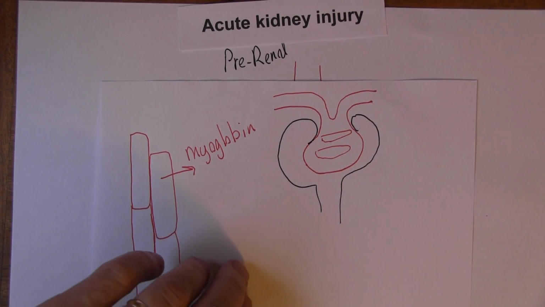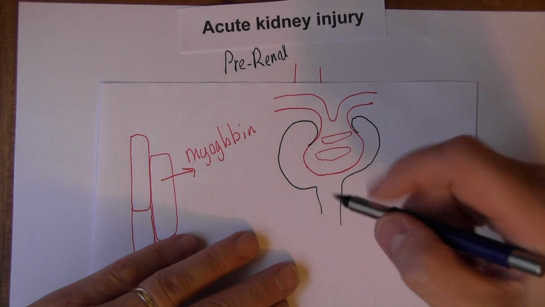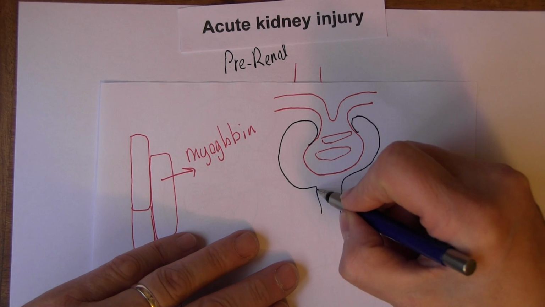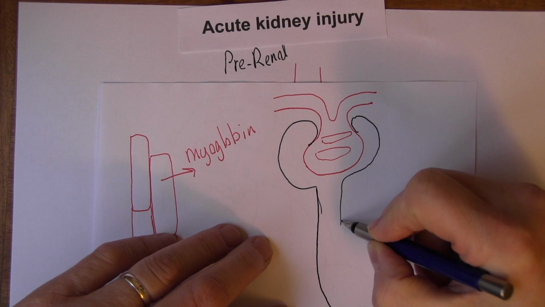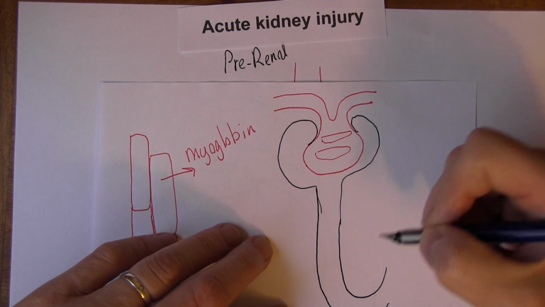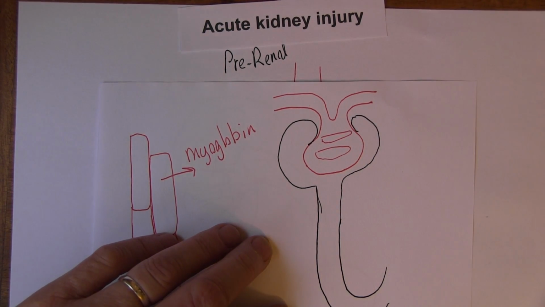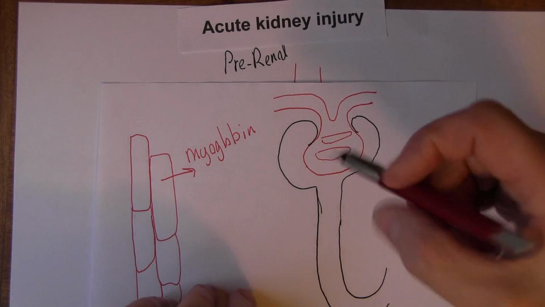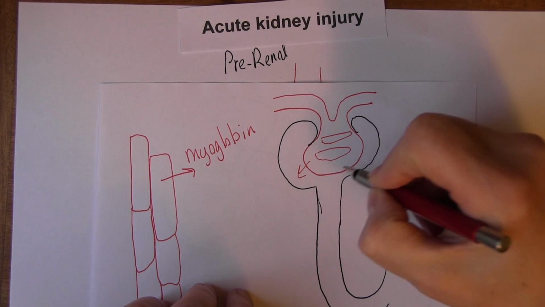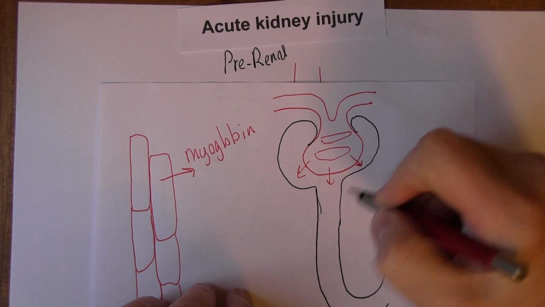Now the myoglobin is such a size that it can just be filtered into the tubule. And there's the tubule. So the myoglobin can actually just be filtered out.